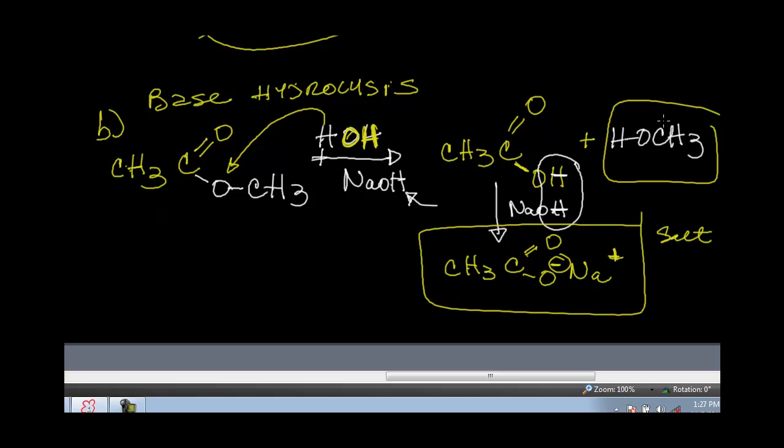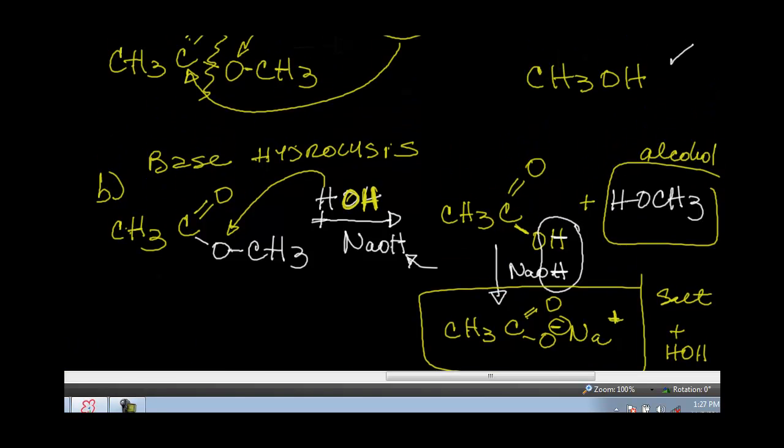Salt and alcohol. Yes, and water. You can write plus water, or minus water here. Okay, so basic hydrolysis does not give carboxylic acid and alcohol. It gives salt and alcohol, because your base is going to react with your carboxylic acid and will neutralize it.